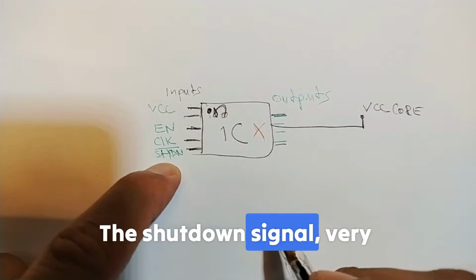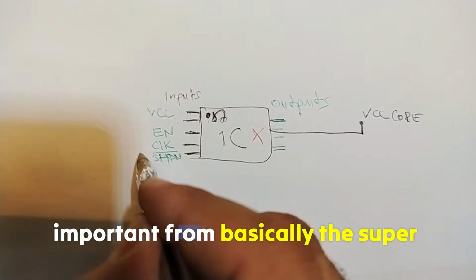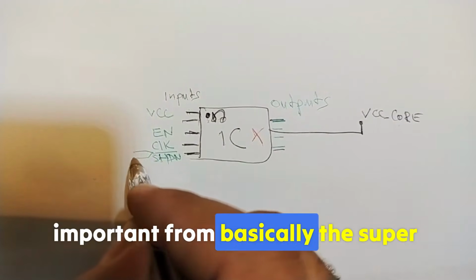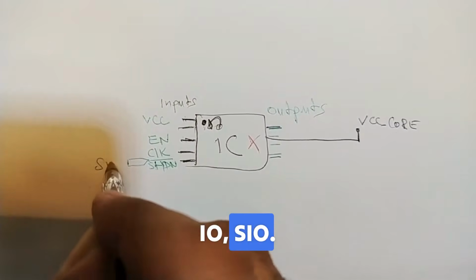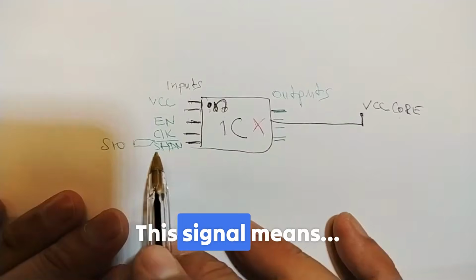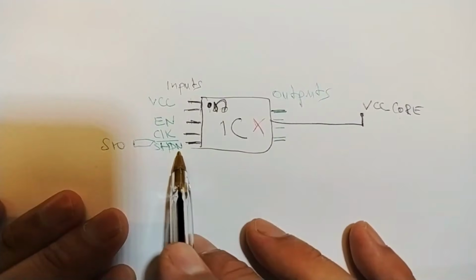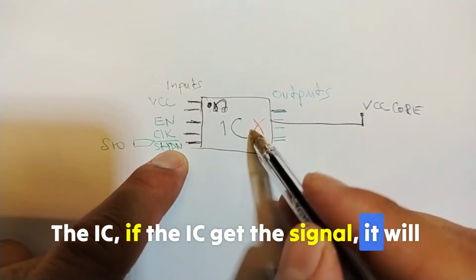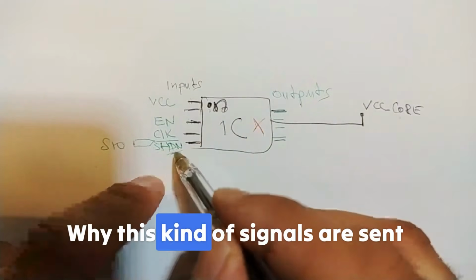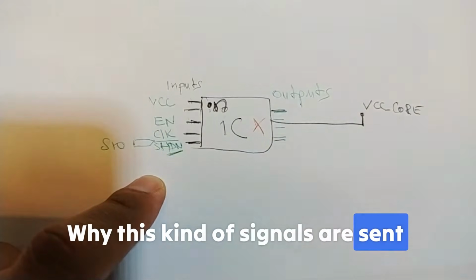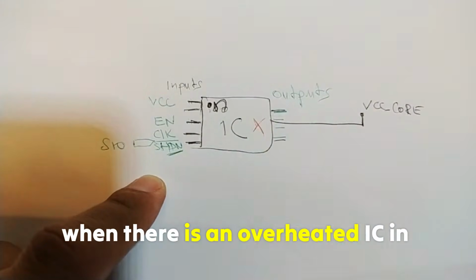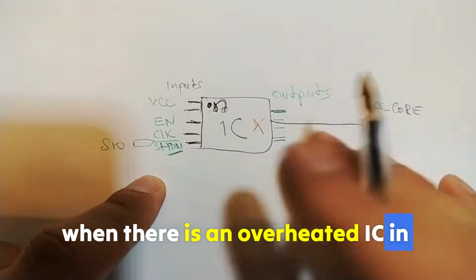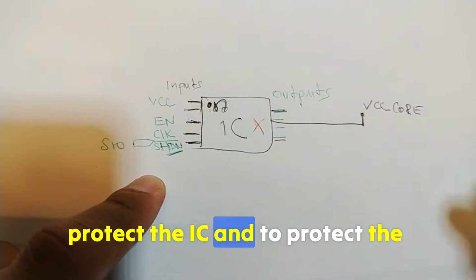The shutdown signal, very important, is basically from the Super I/O, SIO. If the IC gets this signal, it will turn off. Why? This kind of signal is sent when there is an overheated IC in order to protect the IC and protect the circuit.